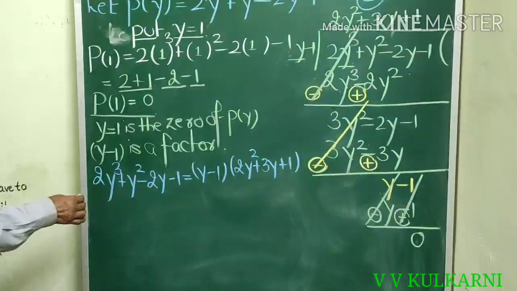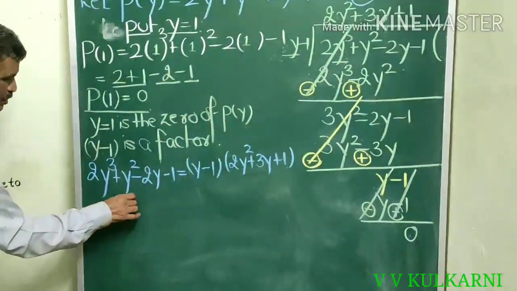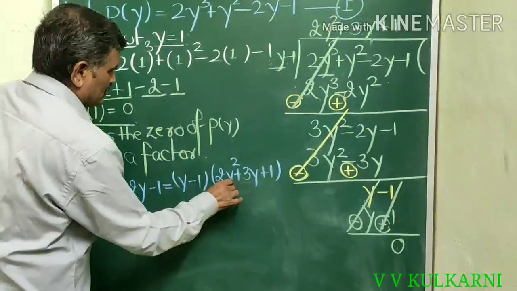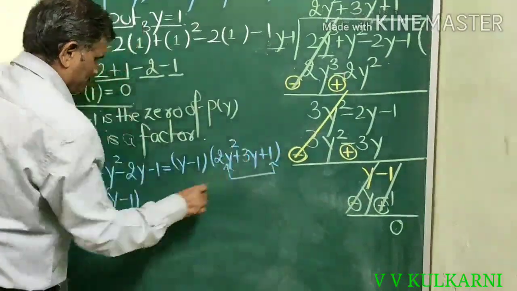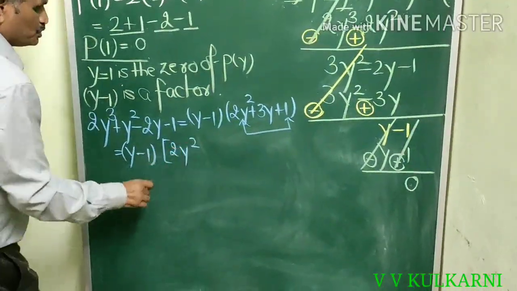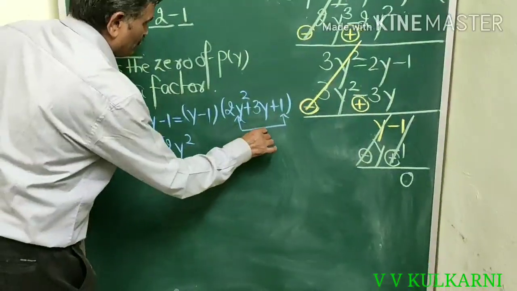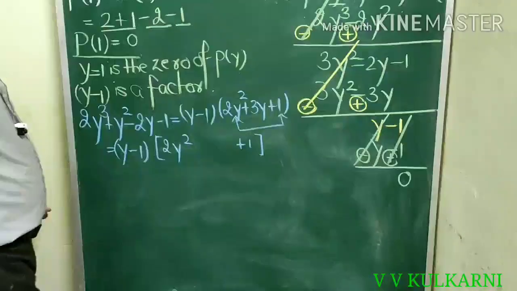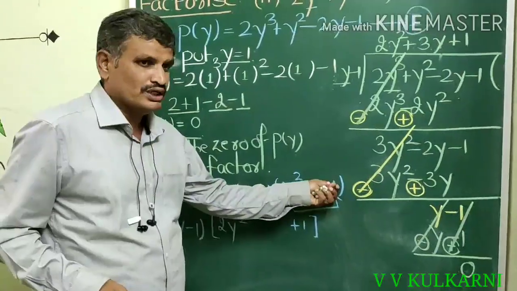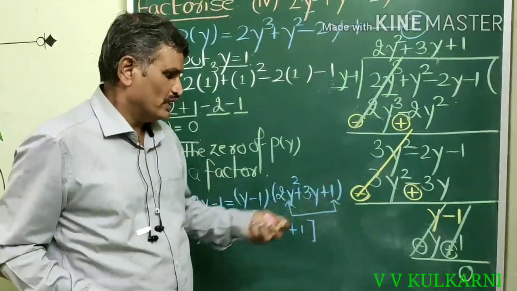Again you have to simplify this. How to simplify? If you multiply the first and the last term, you should get 2. And if you add them, you should get 3. Once again I repeat, 2 into 1 is 2, y square into 1 is 2y square.